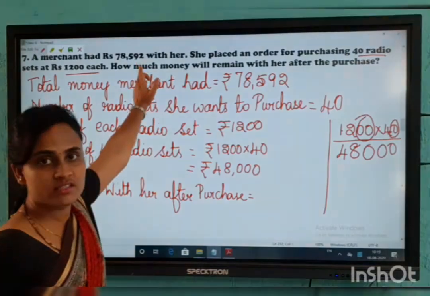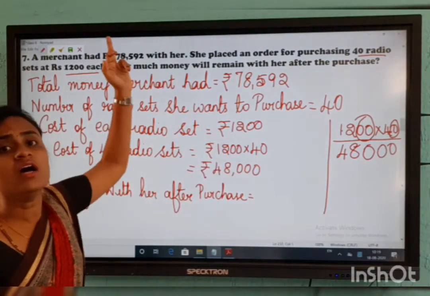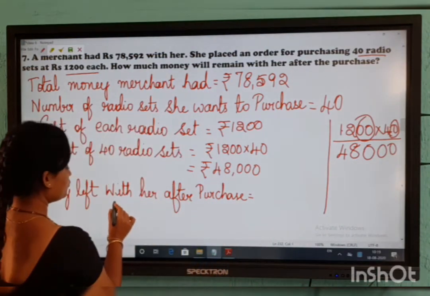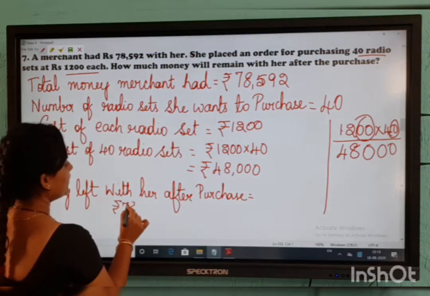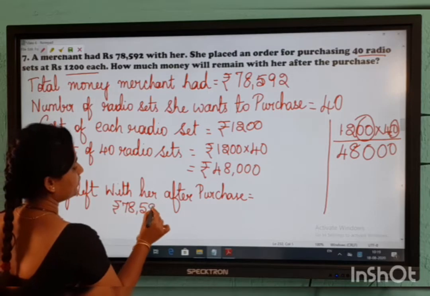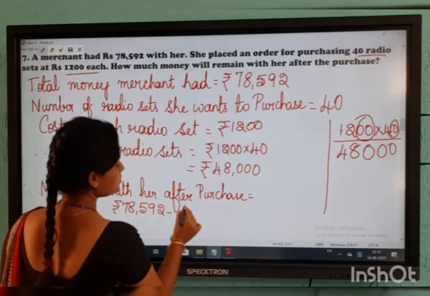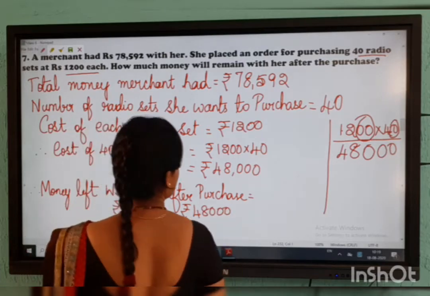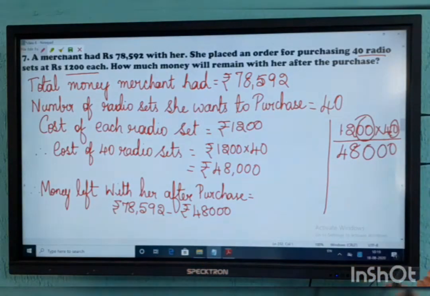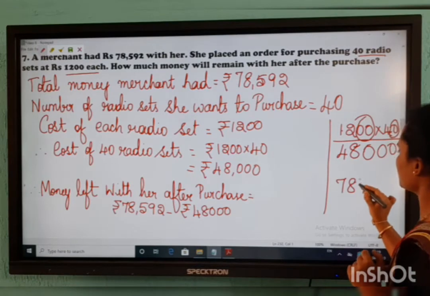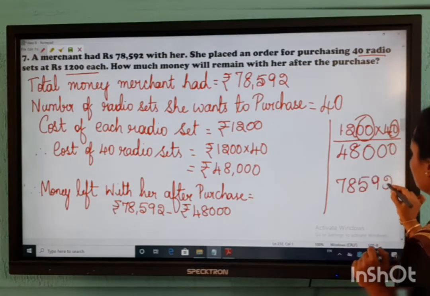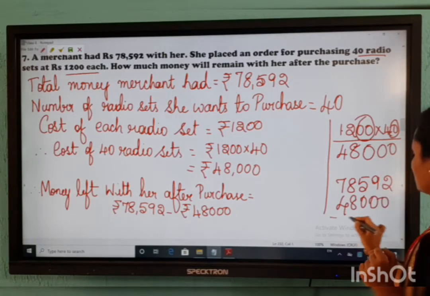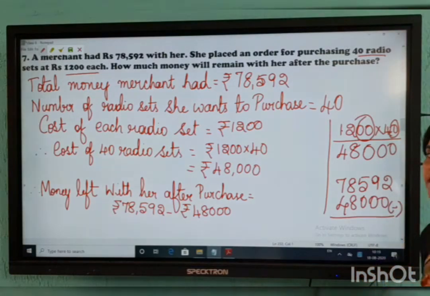You should subtract this amount from the money she had. That is rupees 78,592 minus rupees 48,000. So you should do the subtraction of those two.